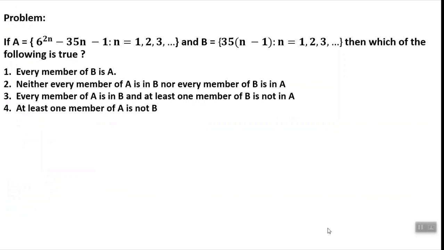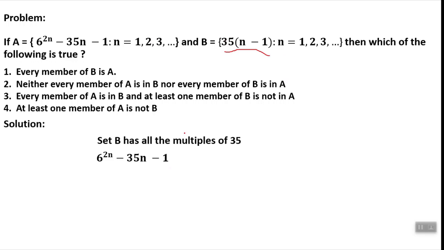The definition of the element in set A is slightly complicated, so let us leave that for the beginning. Let us look at set B, where the definition of the element is a fairly simple one. And it seems obvious that set B contains all the multiples of 35 starting from 0: 0, 35, 70, 105, etc.